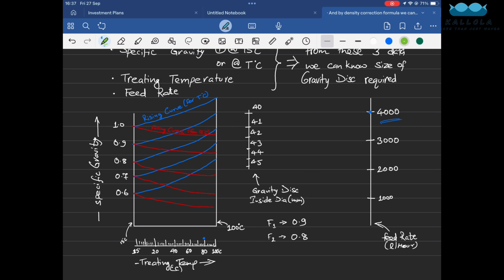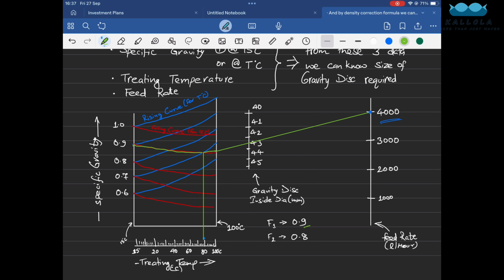So by plotting this line we get the size of gravity disk. We will get that for fuel 1, that is 0.9 specific gravity, separation temperature 80 degrees Celsius, the size of gravity disk is 43 mm.